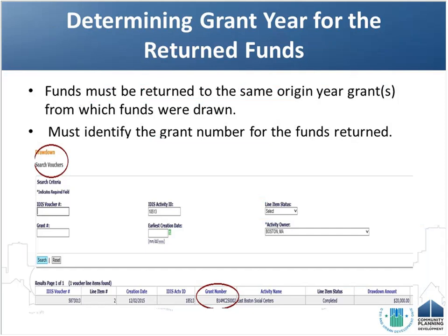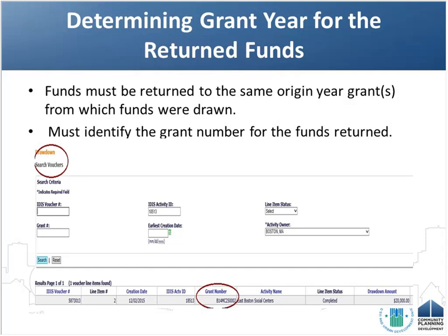Here is a screenshot of search voucher. Look at what is circled in red. That's the grant number. So if that activity drew from the 2015 grant on this voucher, you will return to 2015.